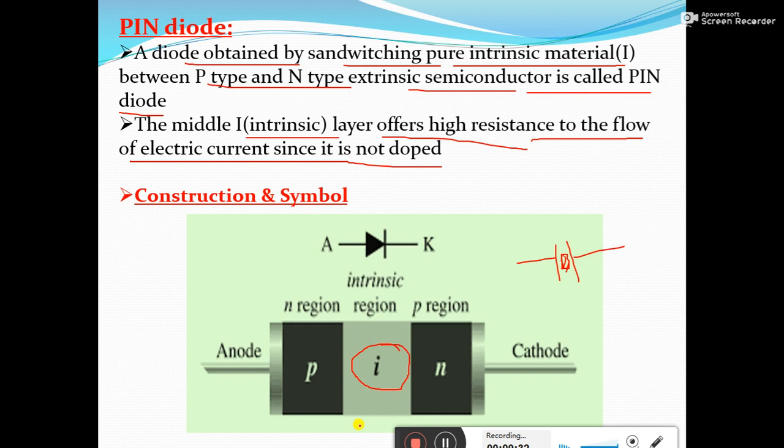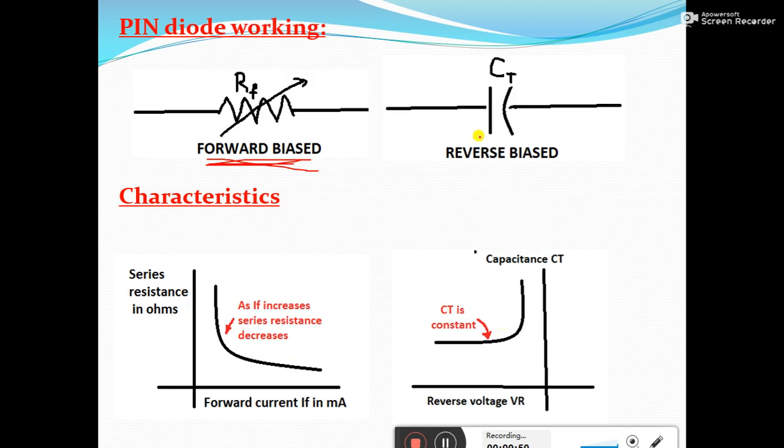If the reverse bias is increased, the depletion region increases for a certain amount of time. After that, the depletion layer width becomes constant. It doesn't increase further with an increase in the reverse bias voltage, or you can say the capacitance value becomes constant.